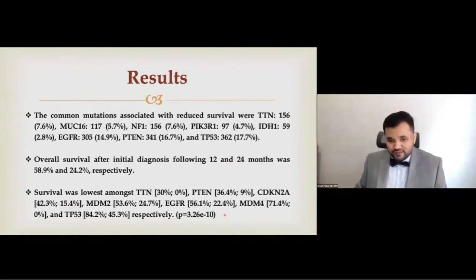So the majority of the genes associated with the lowest survival were mentioned earlier in this analysis, followed by those associated with higher survival in the later phase, for example MDM4 and TP53, with 45% survival in MDM4 and 84% survival in TP53, and 71.4% and 0% survival.